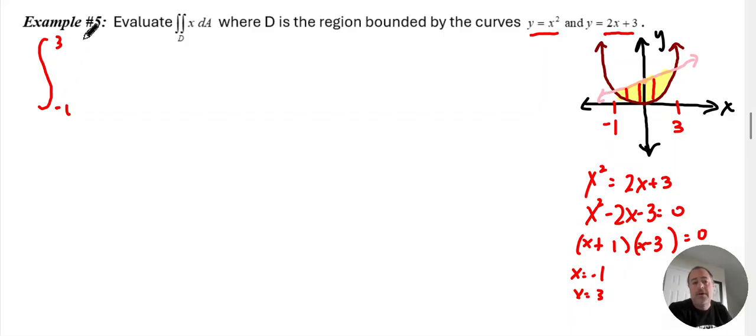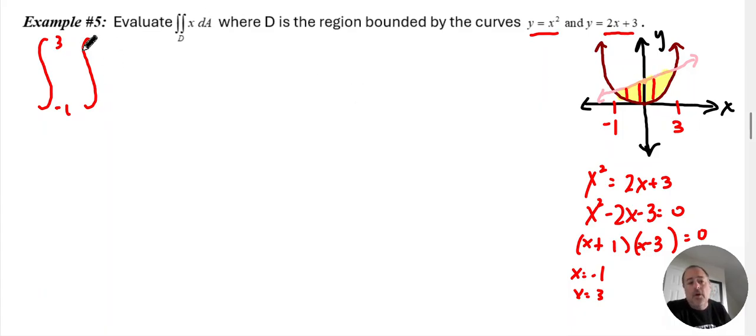So obviously the easiest choice here is that x has to be our outer bounds, because again, we always do constants at the end. So we could rewrite this as a type 1 region, with our bounds with respect to y. Since it's easier to have constants as our x's, our outer bounds are going to be -1 to 3, and our y bounds are going to be just like before.